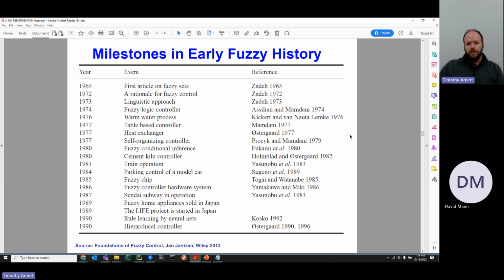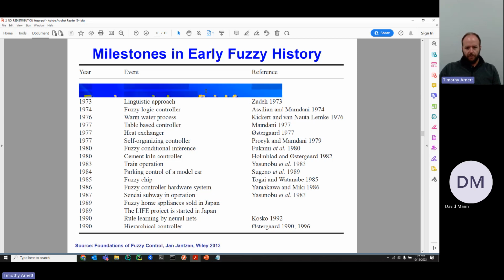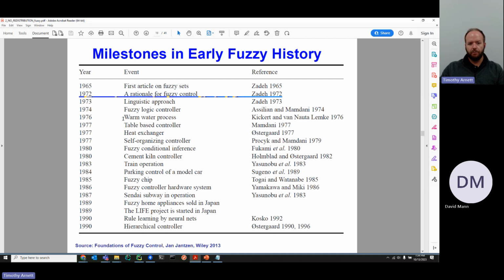Some milestones in fuzzy history. The first article on fuzzy sets was introduced in the mid-60s, so it's been around for quite a while. It has a good heritage. And the first fuzzy logic controller, so the first implementation of fuzzy logic to control some process, was in 1974, so quite a while ago. There's been quite a bit of development since then.